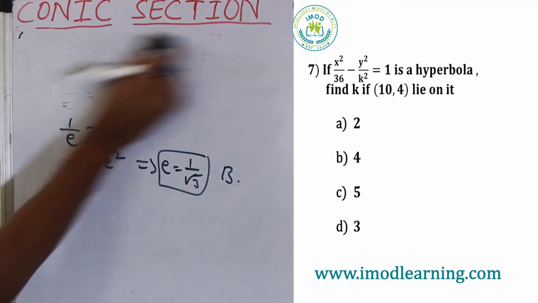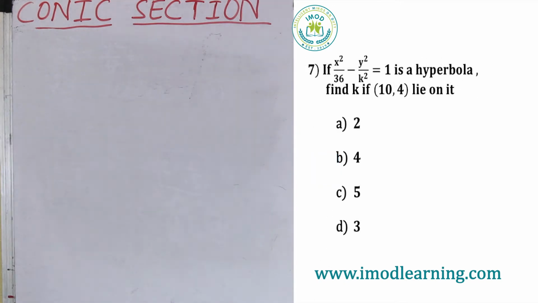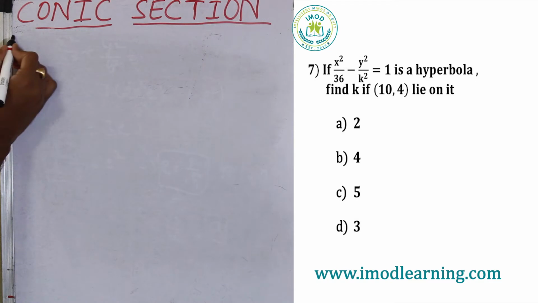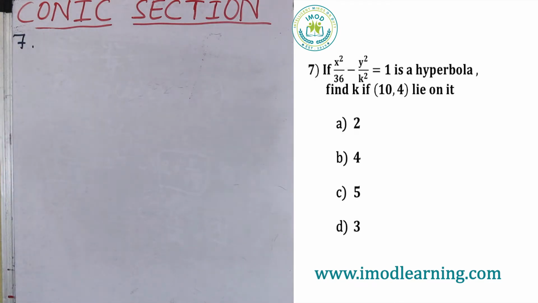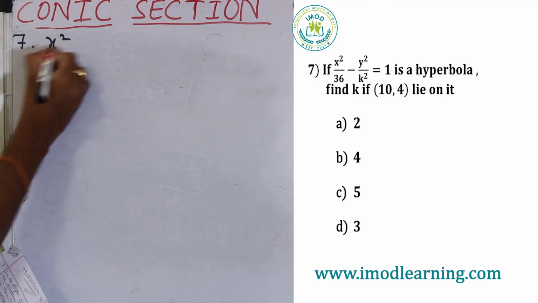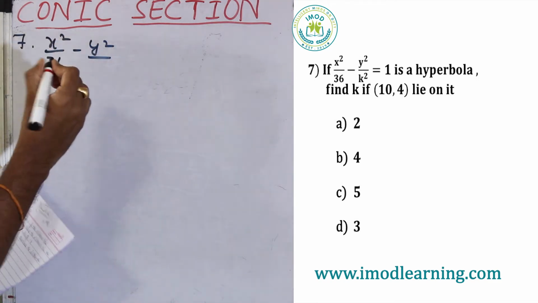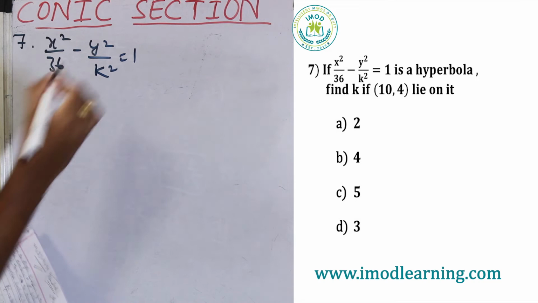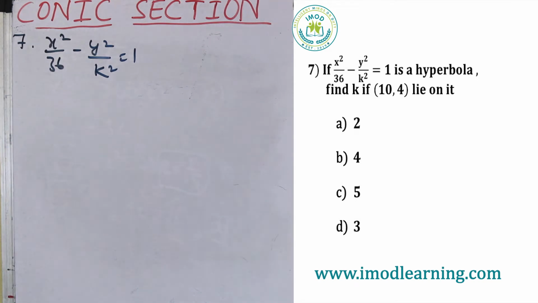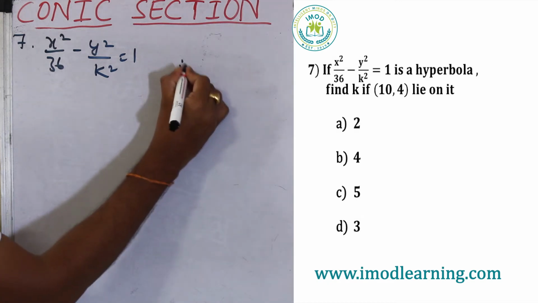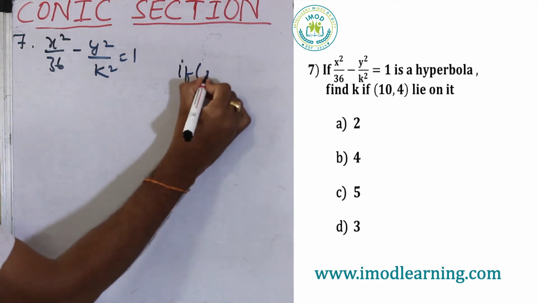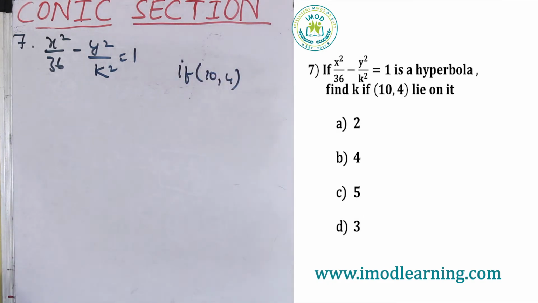Seventh one. If the conic x square divided by 36 minus y square divided by k square is equal to 1 is a hyperbola, find the value of k if the point 10, 4 is lying on it.